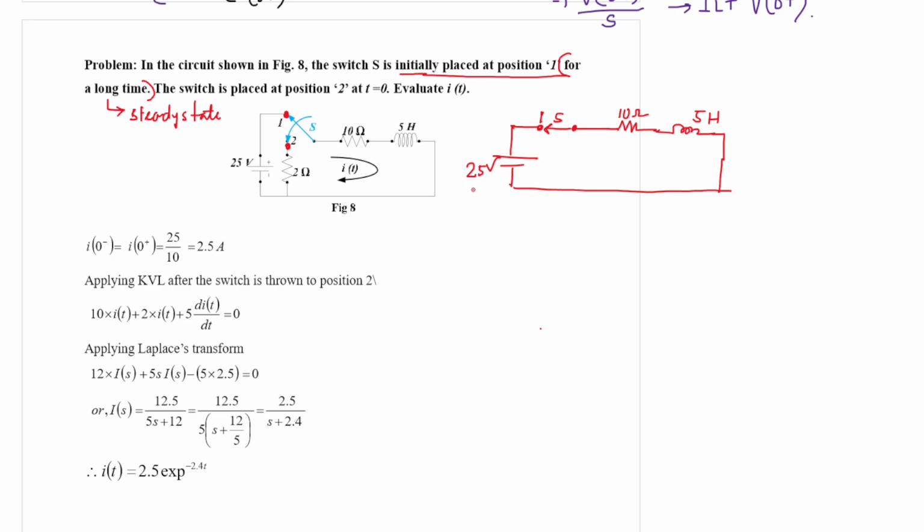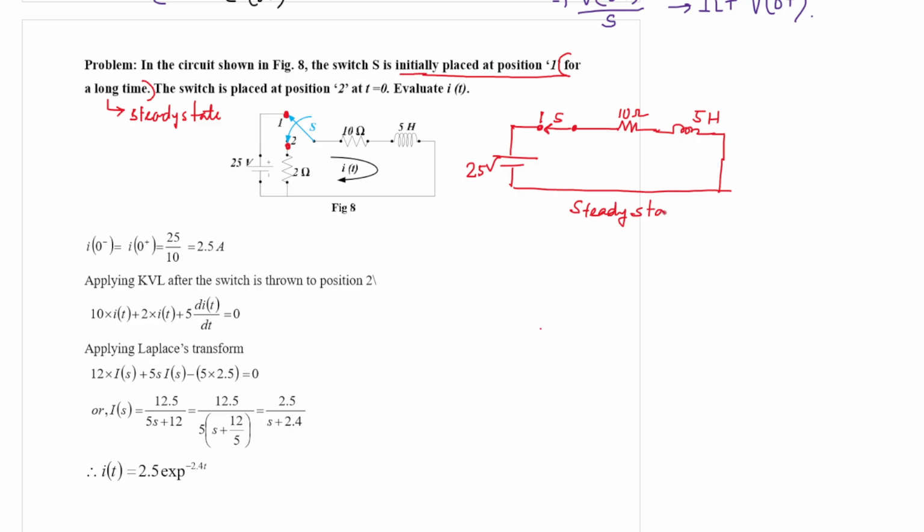So under this condition the source is connected in series with 10 ohm resistance and 5 Henry inductance. When the switch is placed at position 1 for a long time, it reaches steady state.